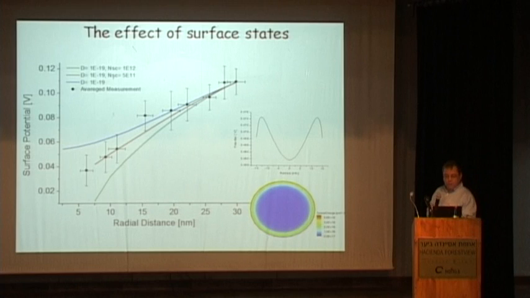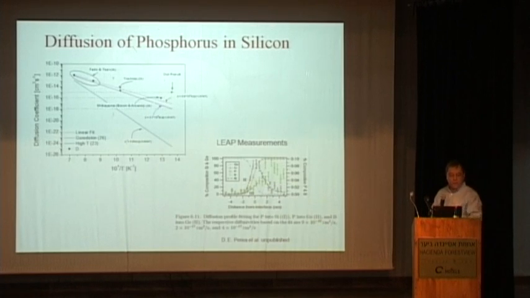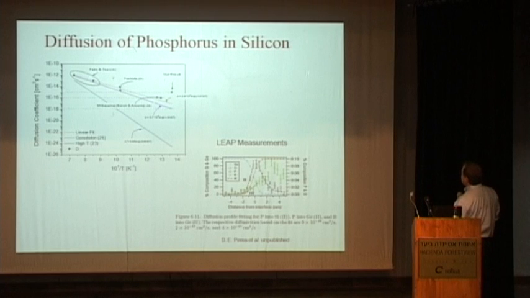Now, what does this all mean? This is the diffusion of phosphorus in nanowires. This is the diffusion constant that we obtain at this growth temperature of about 500 degrees. We have a much larger diffusion constant than obtained in bulk silicon. All these data are from the literature for diffusion of phosphorus in bulk silicon.